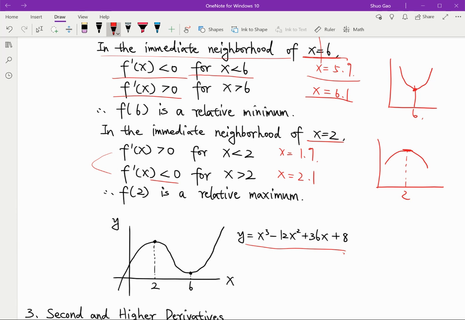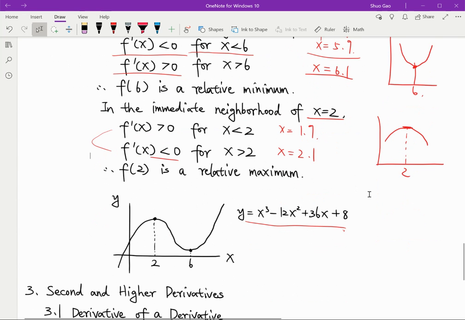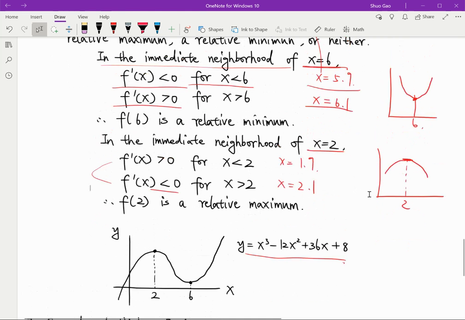If this is the case, then it means that the root is false, or it's not a maximum and it's not a minimum for this root. So we have to exclude that from our answer, because that root doesn't mean we have a relative maximum or relative minimum.